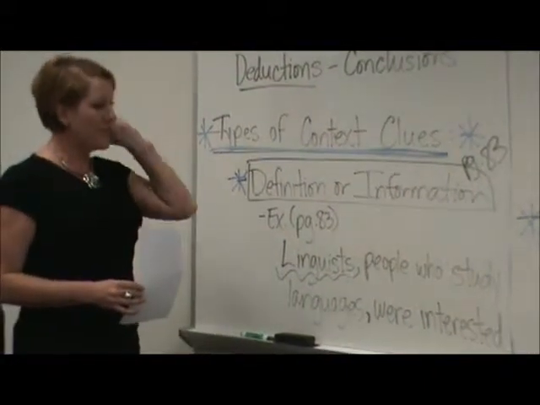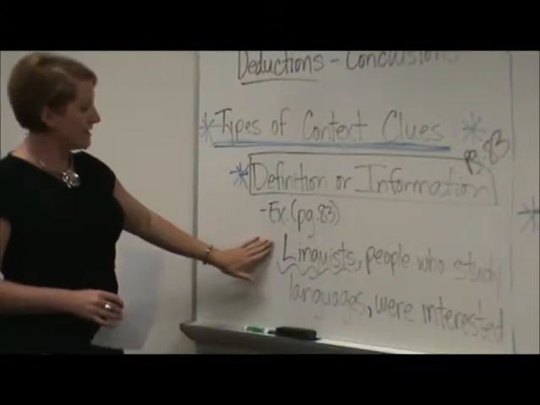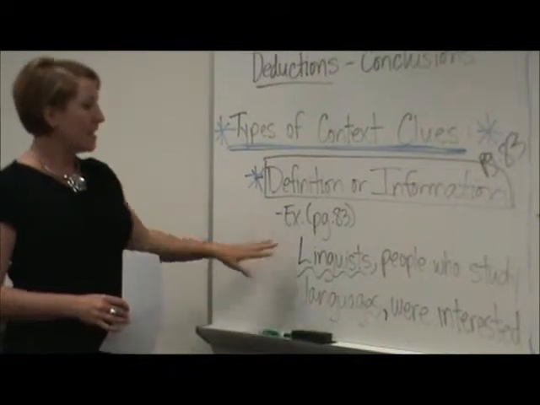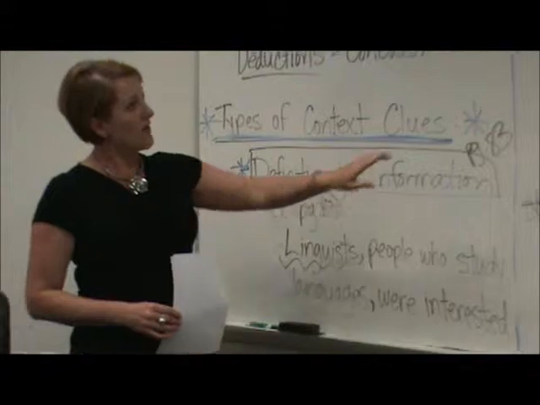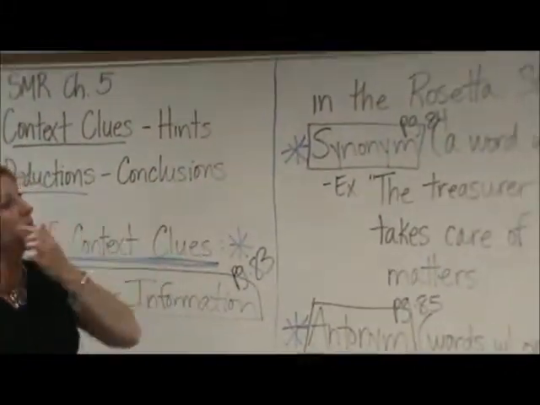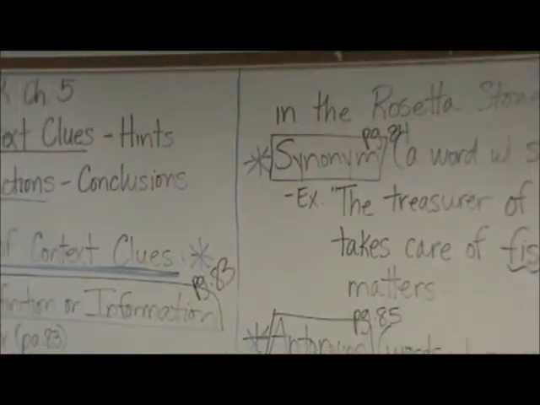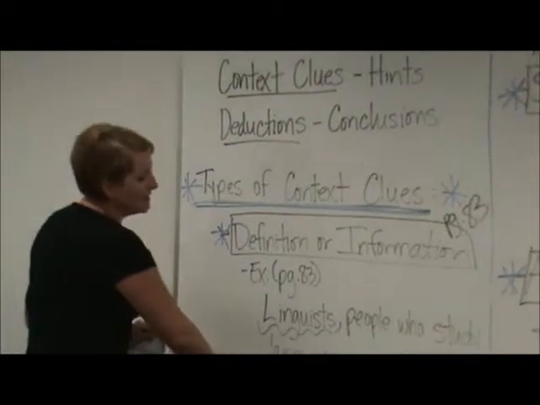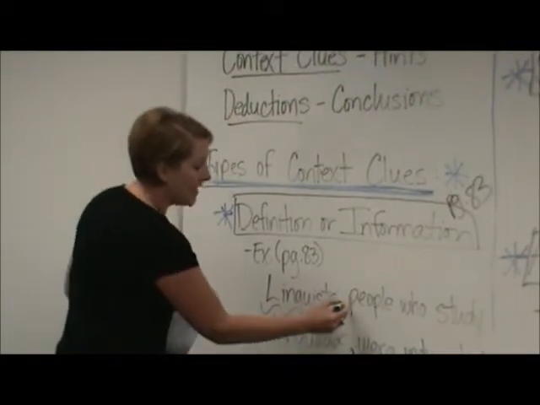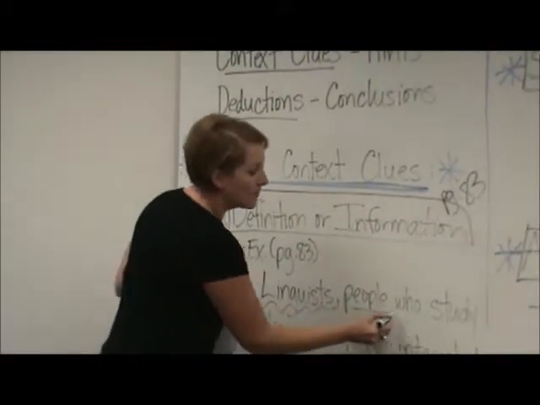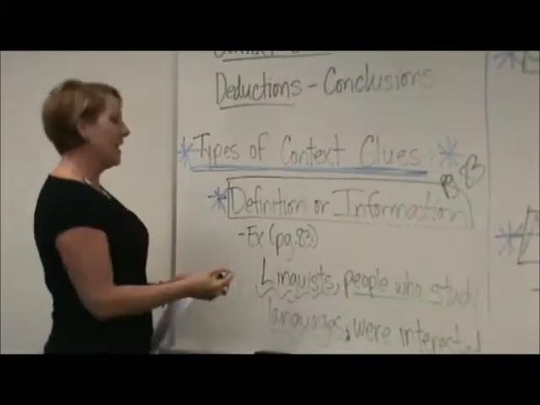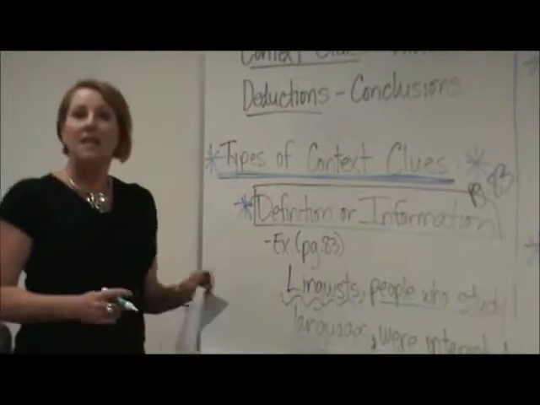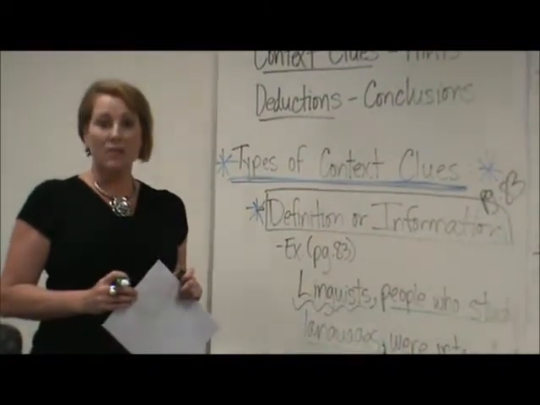For example, on page 83, this sentence says, linguists, people who study languages, were interested in the Rosetta Stone. Okay, so if I didn't know the word linguists, it tells me right here, there's a comma, and then it says, people who study languages, and another comma. So that tells me what a linguist is. It's a person who studies languages.